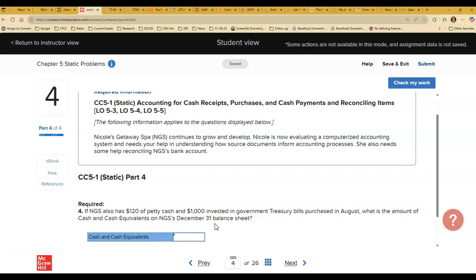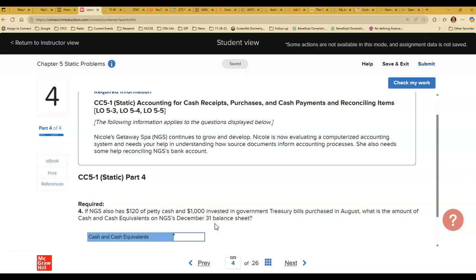Now, here's the question. Think, one of the things that we did in this chapter is we started dividing up that asset side of the balance sheet a little bit more in detail. So here's the question. Is it a long-term asset or a short-term asset? It's short-term because it's less than a year, right?